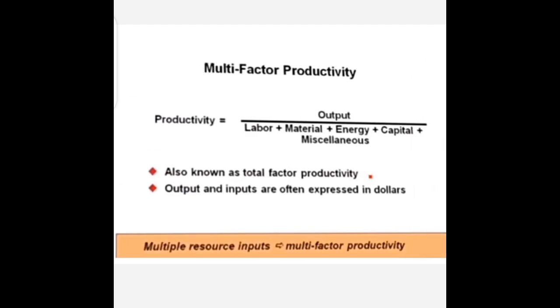If we use multiple factors, then that is known as multifactor productivity. The inputs include labor, material, energy, capital, and miscellaneous, as multiple factors are used in order to produce a certain product. This is also known as total factor productivity. Output and inputs are often expressed in dollars.